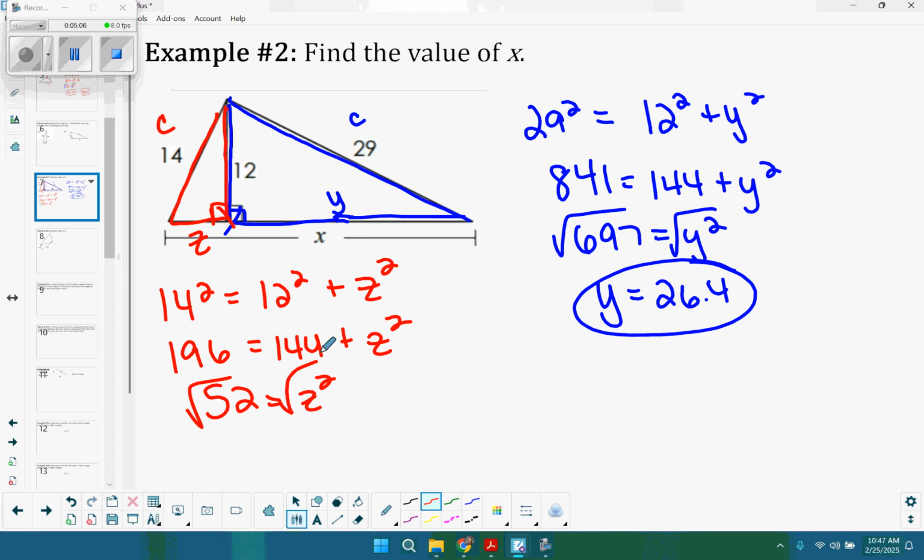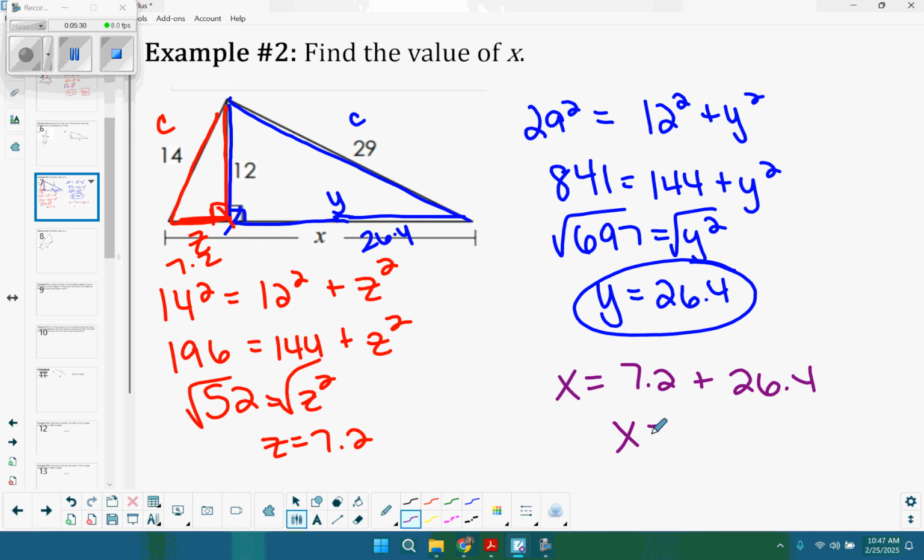Take the square root of both sides, and we get 7.2. So this little piece here is 7.2. This bigger piece here was 26.4. Together, they were x. So x will equal 7.2 plus 26.4, a total of 33.6 for x.